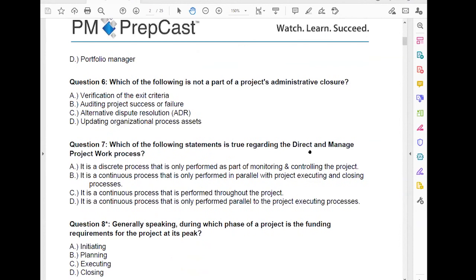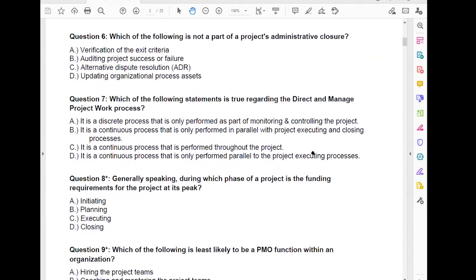Okay, number 6. So which of the following is not a part of project's administrative closure? A, verification of the exit criteria. B, auditing project success or failure. C, alternative dispute resolution. Or D, updating organizational process assets.